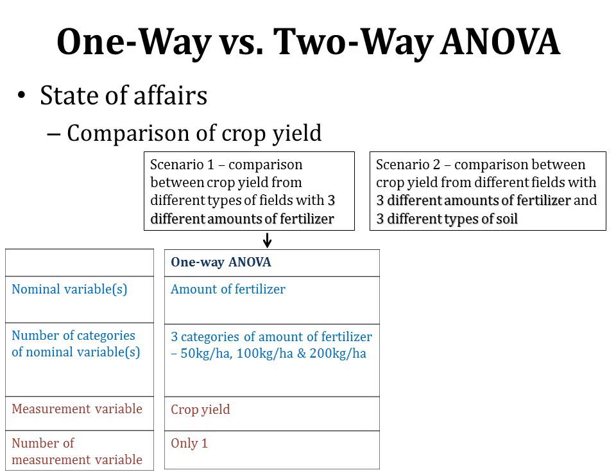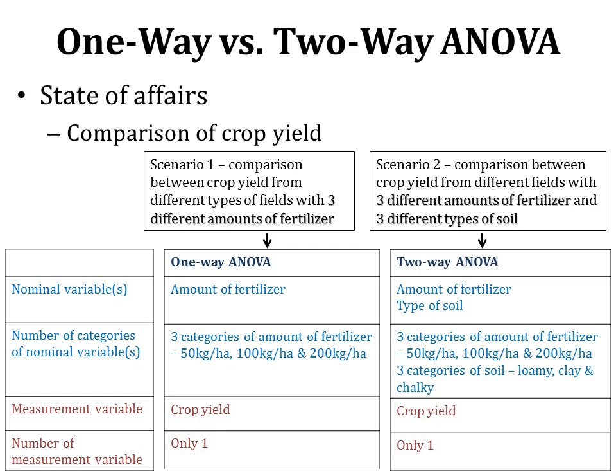Then in scenario 2, we want to have a comparison between crop yield from different fields with 3 different amounts of fertilizers and 3 different types of soil. So because we have 2 types of the nominal variables, we are going to apply two-way ANOVA. And what are these 2 nominal variables? Number 1 is the amount of fertilizer, and the other one is the type of soil, right? So these are the 2 predictor variables, or the 2 nominal variables.